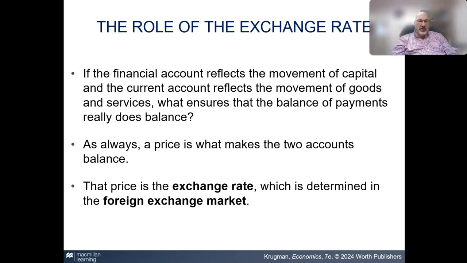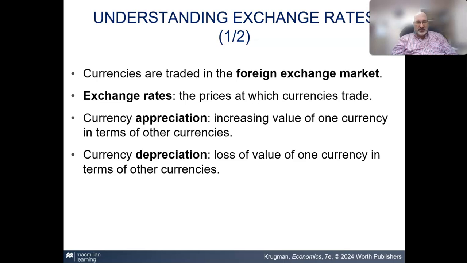So now that we know how that worked, how do exchange rates work? So price is what makes the two accounts balance. The price of money is the exchange rate, which is determined in the foreign exchange market. So really, when you're doing that, it's just another demand and supply model. It's just like chocolate is what I tell my students in class, right?